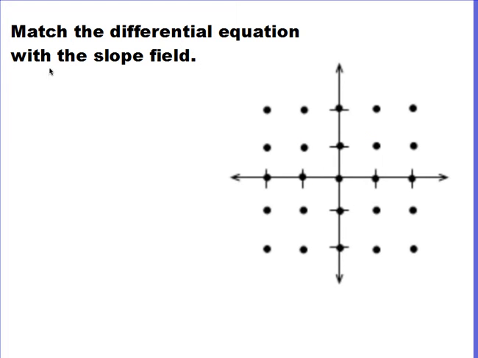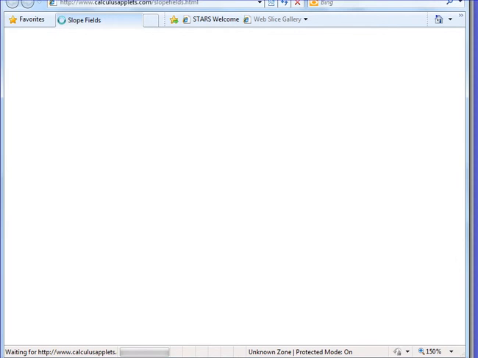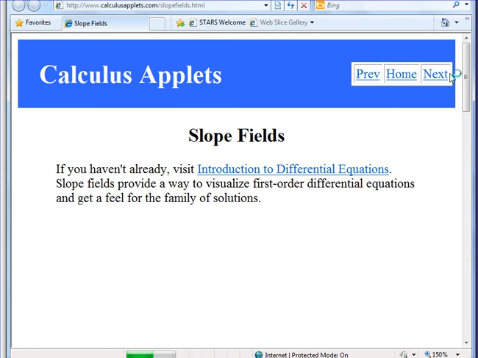I want you to match. I had all these nice graphs, matching each differential equation to the slope field, and I thought, you know what, I really want you to find something interactive to play with. So I'm going to give you a little demonstration here of a site that I found that I think you'll really enjoy. I know I did. It's an applet.